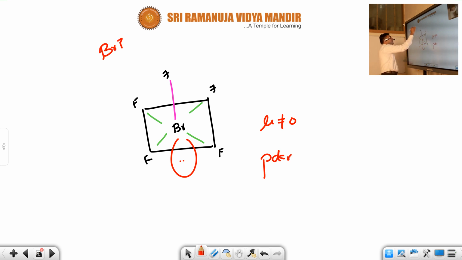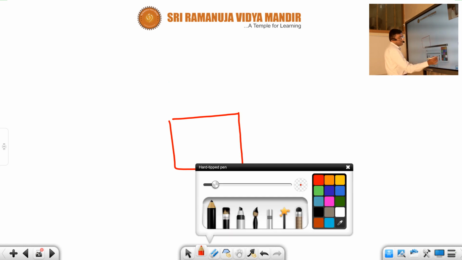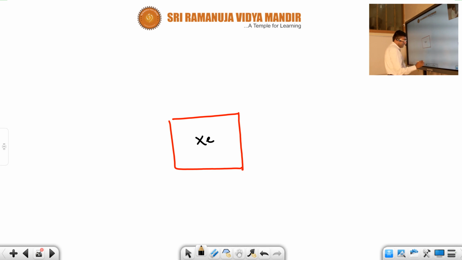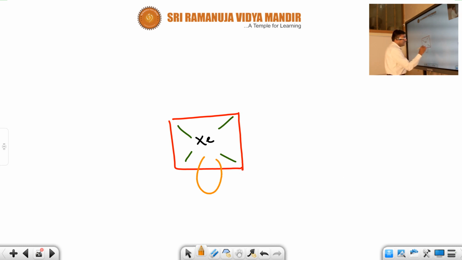Next, let us take XeF4. Xe is the central atom with F4, and in this case there are two lone pairs, but it is square planar geometry.